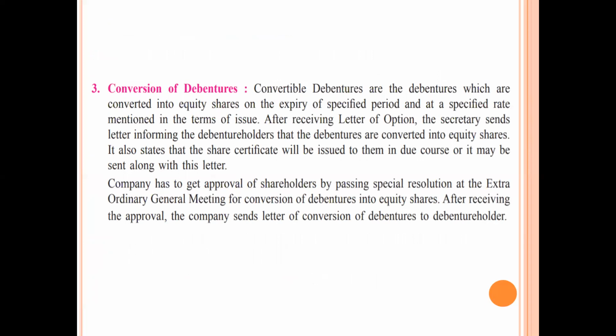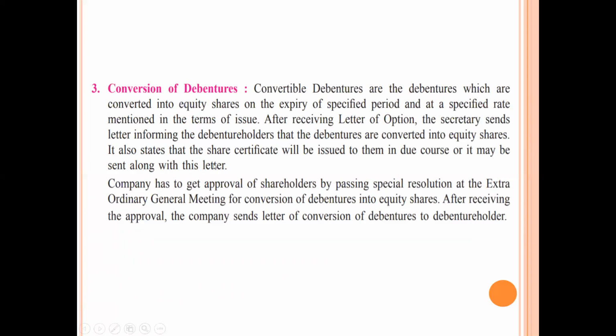Convertible debentures are the debentures which are converted into equity shares on the expiry of a specified period and at a specified rate mentioned in the terms of the issue. After receiving the letter of option, the secretary sends the letter informing the debenture holders that the debentures are converted into equity shares.